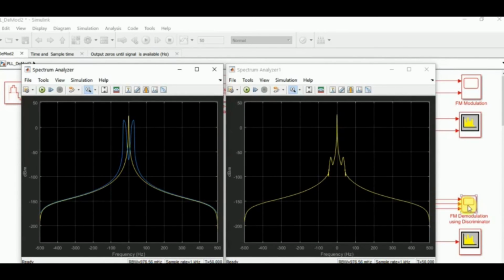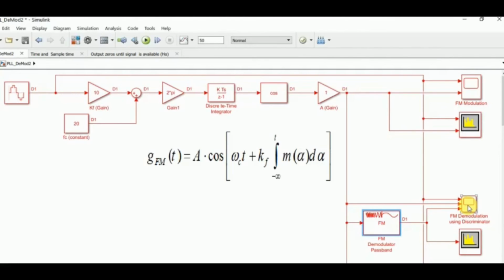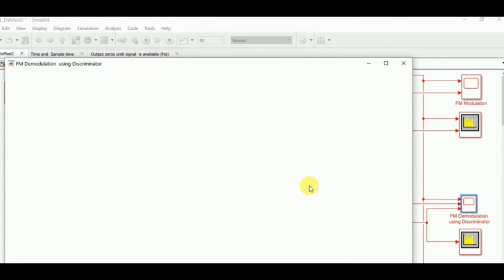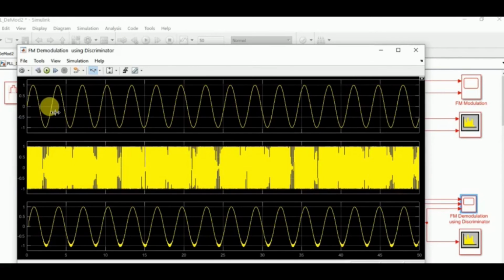In terms of time domain interpretation, this was our message signal, this is the frequency modulated signal, and this is the outcome of the frequency discriminator. Let me zoom this on the x-axis.